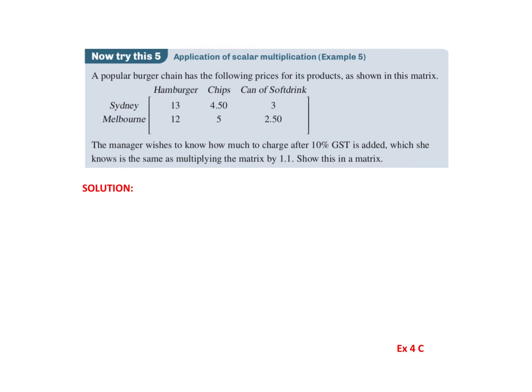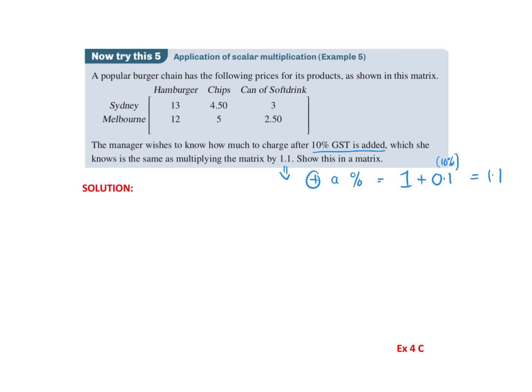The manager wishes to add 10% GST to the prices of these things, and she knows it's the same as multiplying by 1.1. If you're going to add a percentage, it's always 1 plus the percentage as a decimal. So that is the 10% added, and that's what you want to times it by.